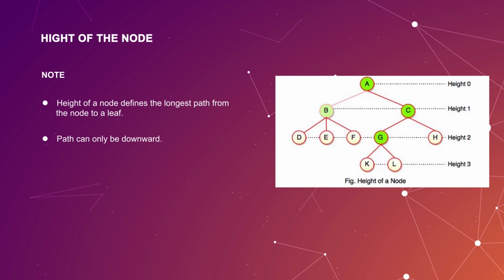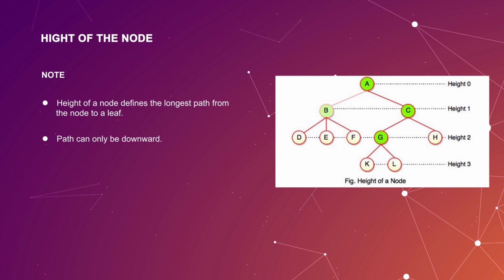Path can only go downwards. By this graph you can understand, if we are talking about A, the height of A is found by finding the longest path. If we traverse the left-hand side, the current successor is B. Again B has the successors D, E and F.